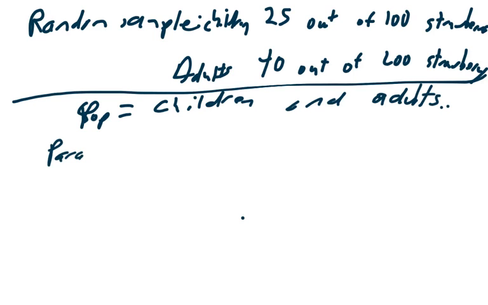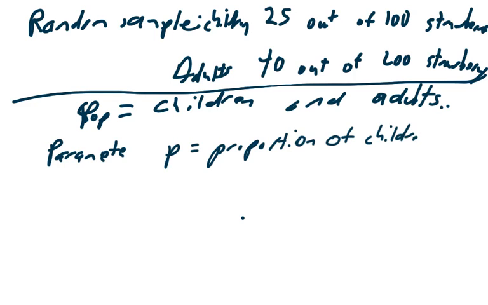Parameter. P equals proportion of children who prefer strawberry.